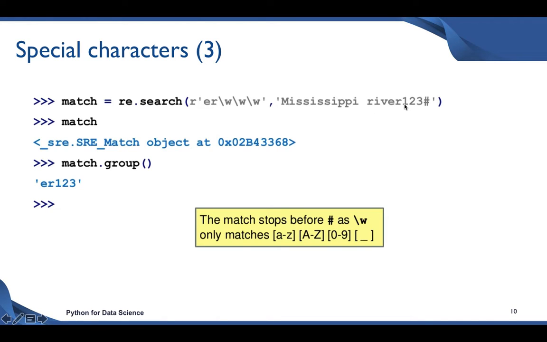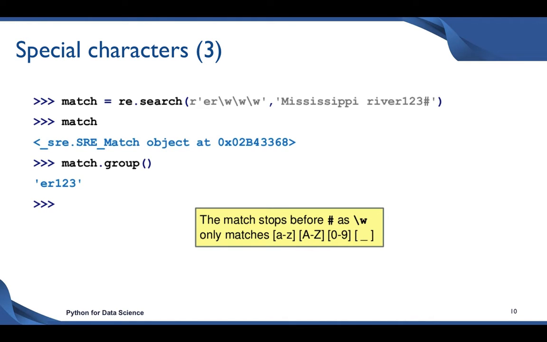So this is under 0 to 9, so it will result in 1. The second \w is also under 0 to 9, it will result in 2, and this is also 0 to 9. After ER we are trying to find a word which matches any of these possibilities. But one thing you need to remember, when we specify our regular expression, that is r, the match stops before the hash, as \w only matches a to z, capital A to Z, and 0 to 9.